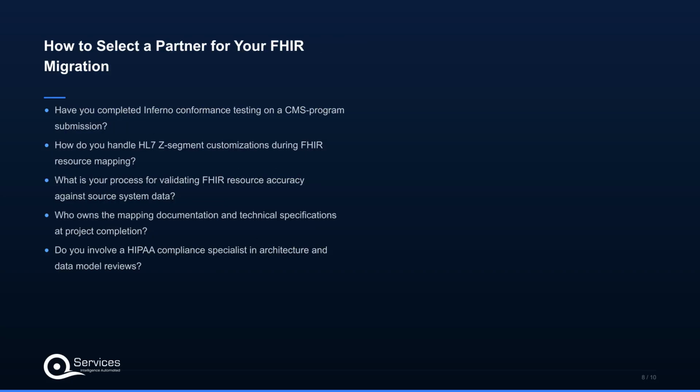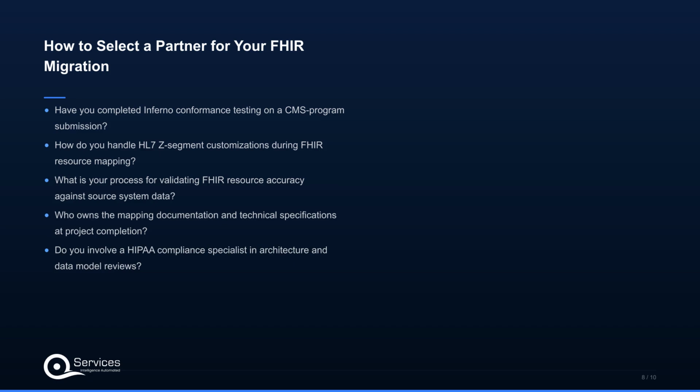Next up, how to select a partner for your FHIR migration. Most hospitals cannot staff a complete FHIR migration from internal resources while maintaining normal IT operations. Choosing the right enterprise application development partner often matters more than any single technology decision made during the project.